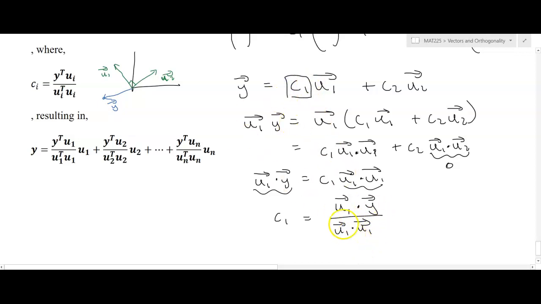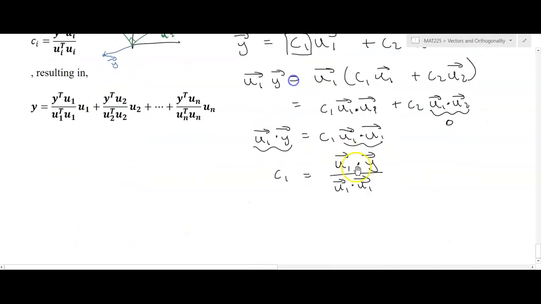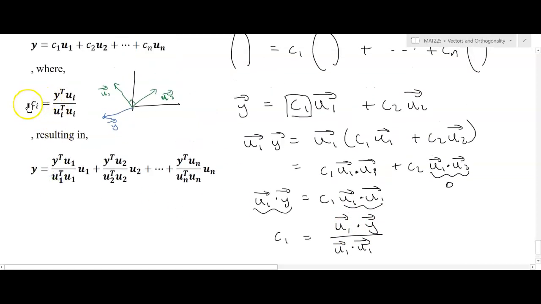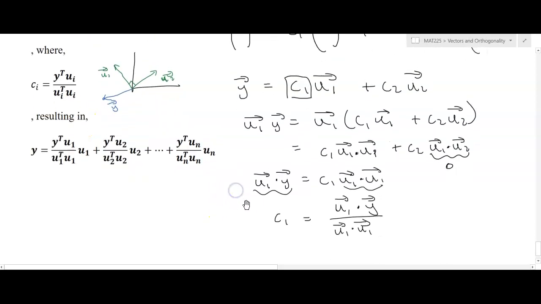All we need to know is our u1 vector, which is given to us because we're given an orthogonal basis, and y. Since the order in which you take the dot product doesn't matter, each coefficient ci is just y dotted with the particular u corresponding to that same index. So for c3, this would be y dot u3 over u3 dot u3. This is a fast way to compute those coefficients without having to do any Gaussian elimination.